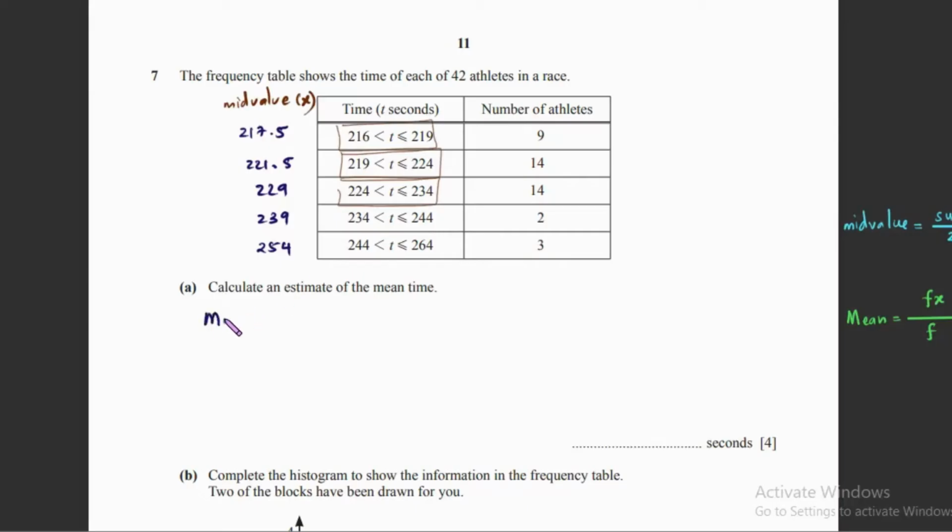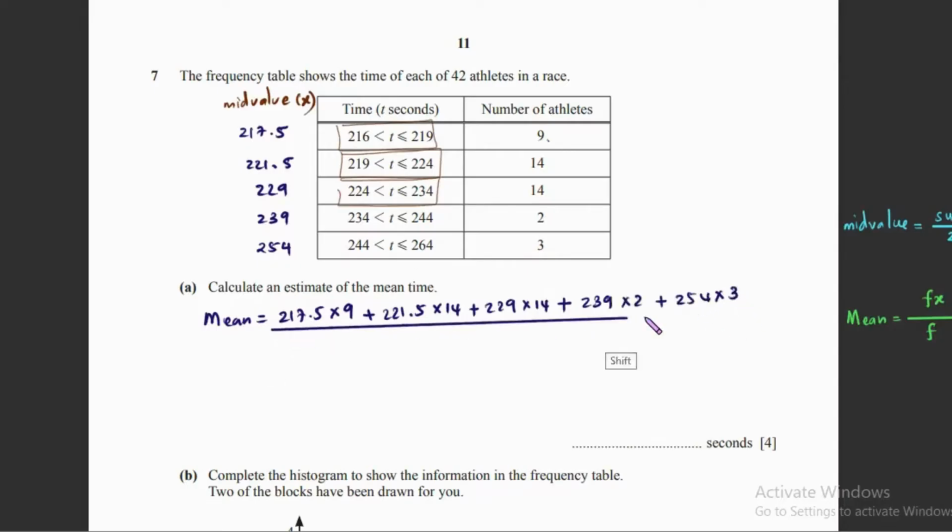Now, if we are to calculate the mean, the frequency has to be multiplied with the mid value that we have here. And then we need to divide it by the total of the frequency, which means this 217.5 should be times by 9, 221.5 times by 14, 229 times by 14 again, 239 times by 2, 254 times by 3.